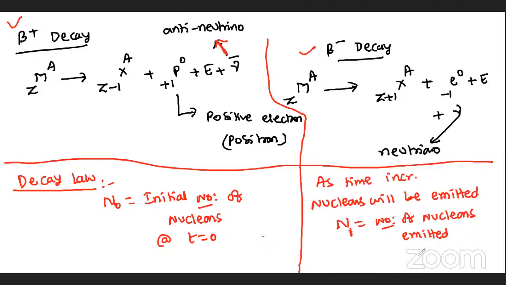Then what will be the number of nucleons remaining in the nucleus? N0 is the initial number of nucleons, N1 is the number of nucleons emitted. Then the number of nucleons remaining in the nucleus is N0 minus N1.